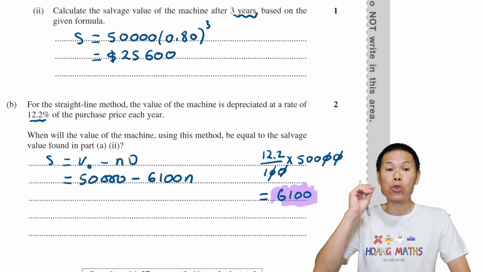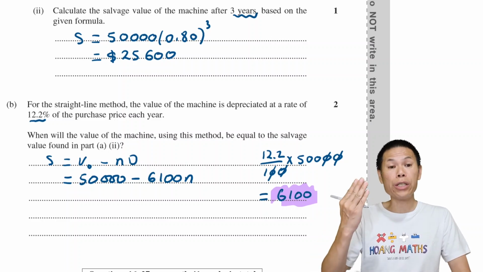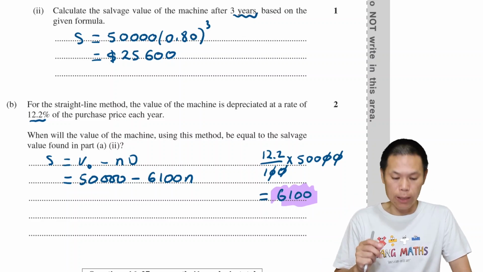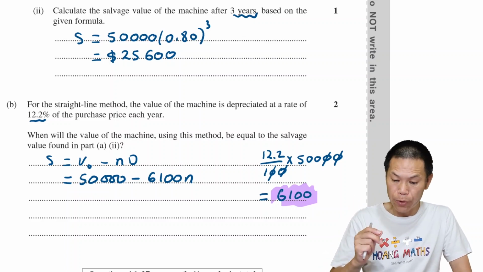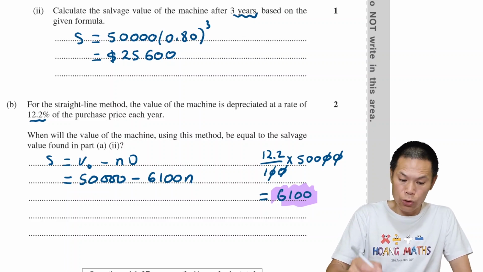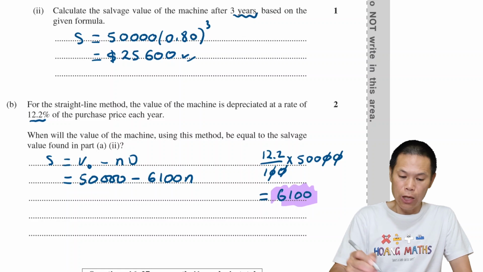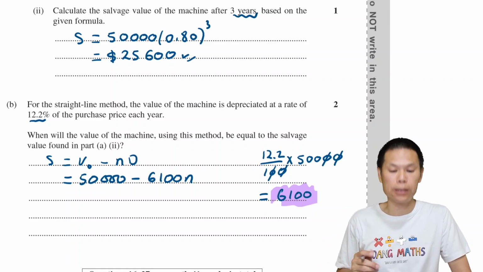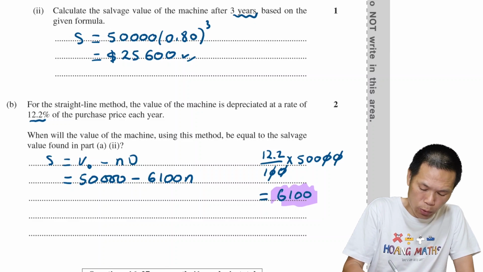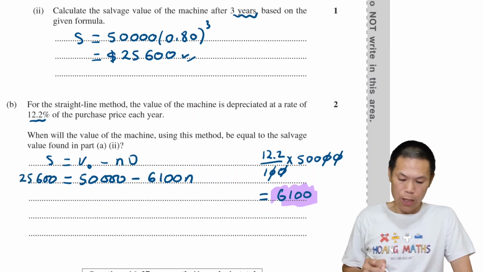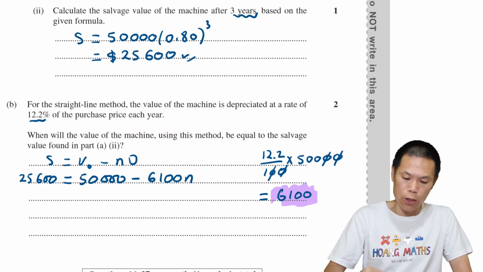That is the straight line method. The question is, when will the value of the machine using the straight line method be equal to the salvage value found in part B? So S in this case is equal to 25,600.